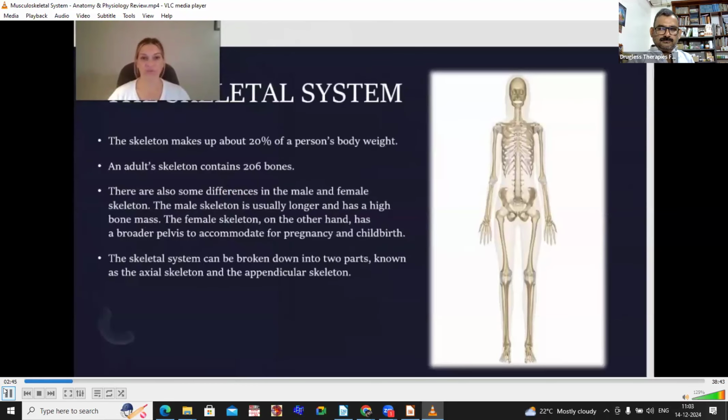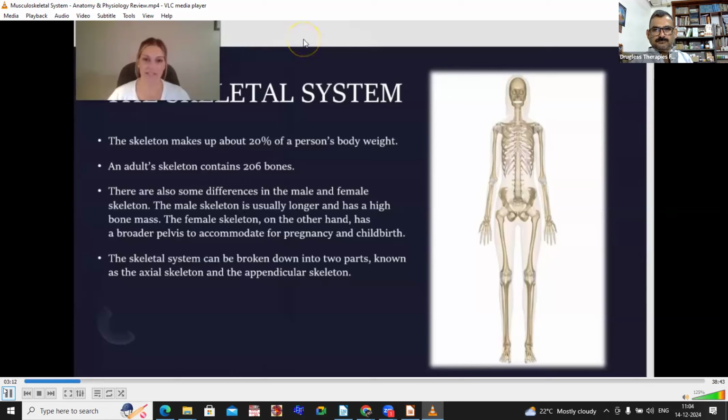We are going to first begin by talking about the skeletal system. So the skeleton makes up about 20% of a person's entire body weight. An adult skeleton contains 206 bones, and there are also some definite differences between the male and the female skeleton.